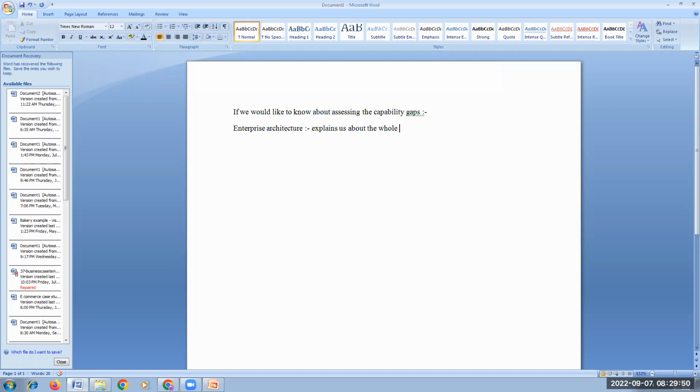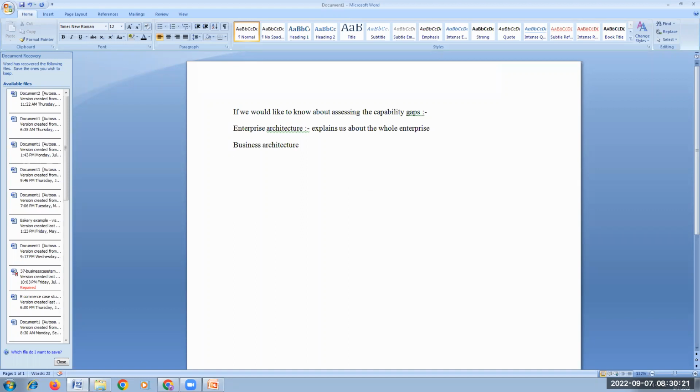Right. So when you talk about enterprise architecture, it explains the whole enterprise. So when you talk about enterprise architecture, there are 4 more things which we must be knowing. The first one, the business architecture.